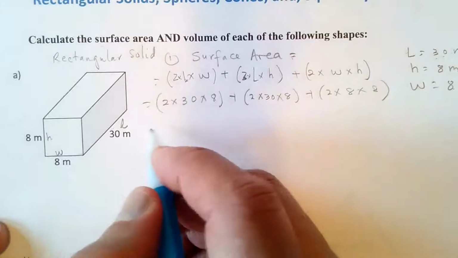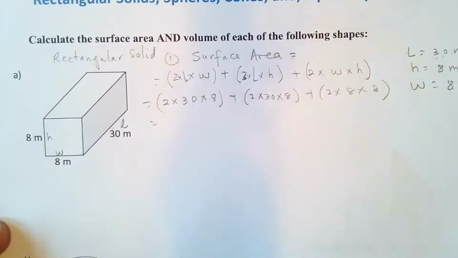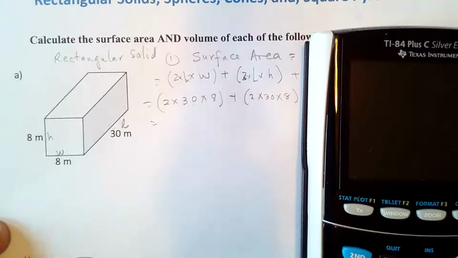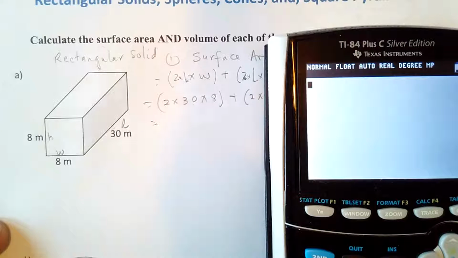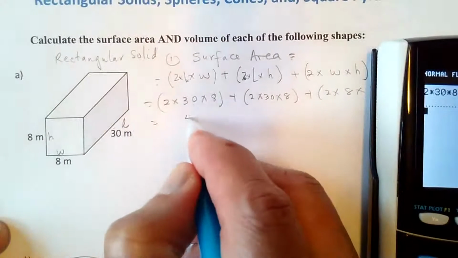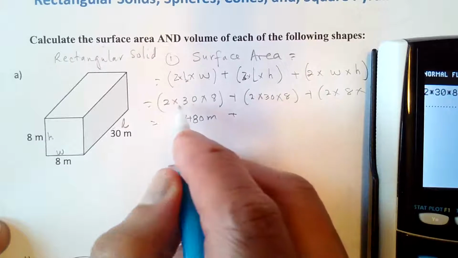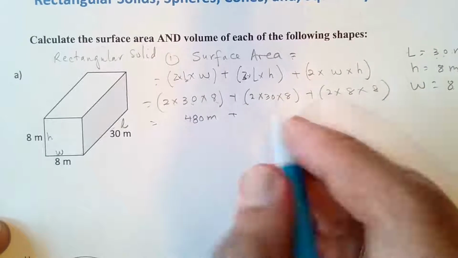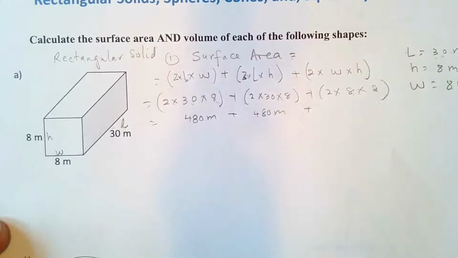Then we work out our calculations. We have 2 times 30 times 8, and you can go to your calculator to do some work here. 2 times 30 times 8 is 480. Then 2 times 30 times 8 again gives us 480 also. 2 times 8 times 8, so 64 times 2 will give us 128.